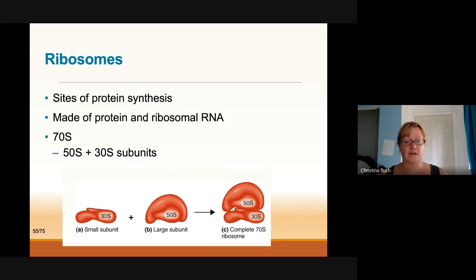If you have the separate subunits and you centrifuge them, their sedimentation rates will be 50 and 30. So it's not actually adding them together on how big it gets. It's just the sedimentation rate of each component.